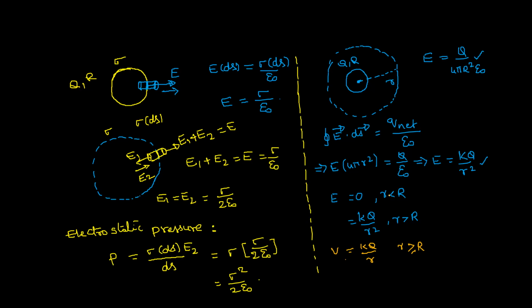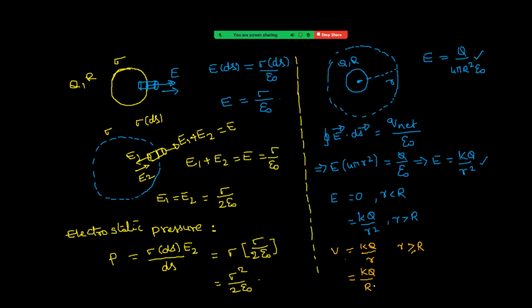That means to bring a unit positive charge from the reference point up to the surface of the shell is equal to KQ by small r. Up to the surface means we take small r equal to capital R. So on the surface of the shell, the potential is KQ by capital R.